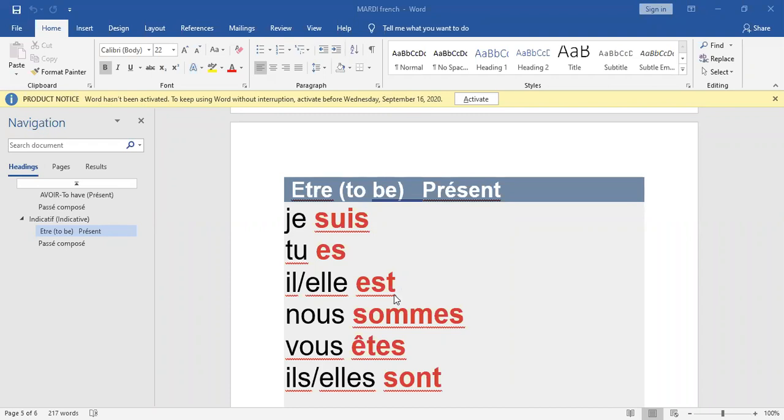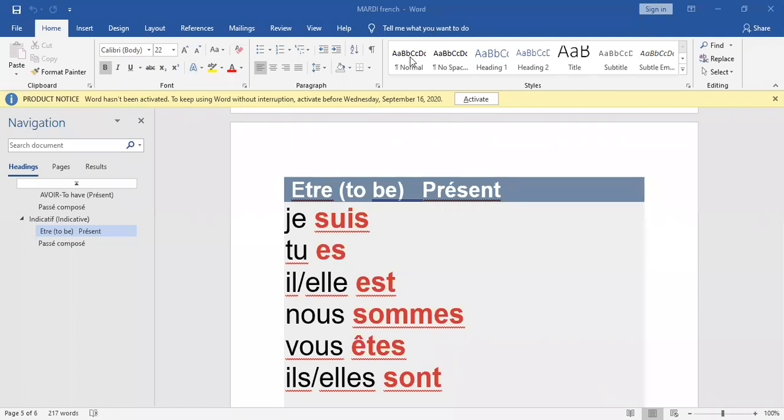In your ERC examination, you are going to have some questions like this for you to choose from the options. You have allé with single E, allée with double E, allés with S, allées with double E S. And you'll be wondering, is this a mistake? No, it is not a mistake.